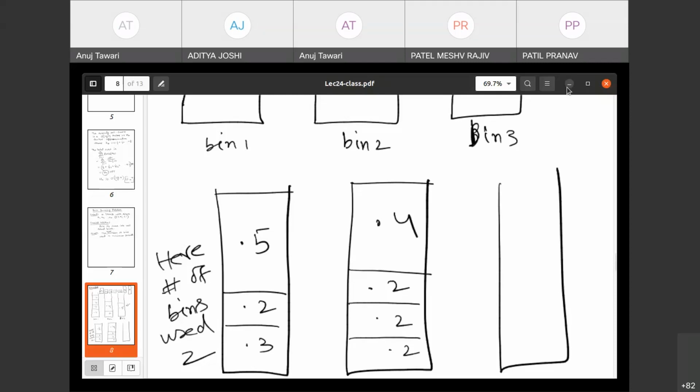Okay, while putting 0.4 and 0.5 containing bin, check hash 1 minus 0.4 plus 0.5. Okay, but what this is doing is it's just checking whether the total size is less than 1 or not.